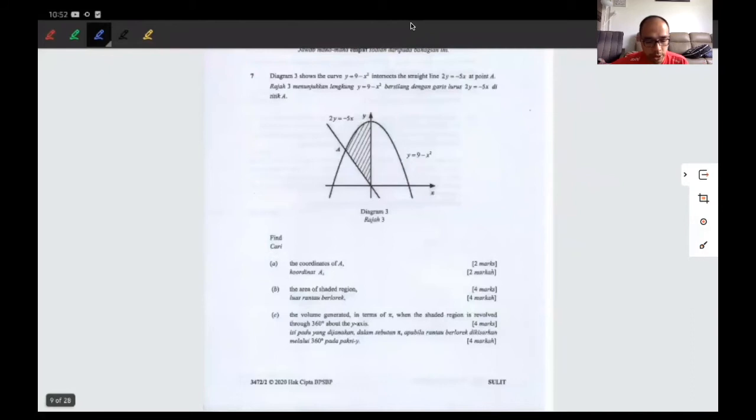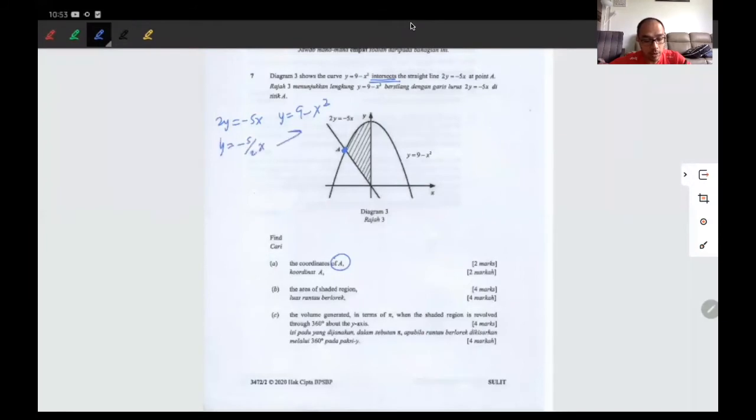Okay, diagram 3 shows the curve y equals 9 minus x squared intersects the line. Whenever you see the word intersect, you know it's a point of intersection. If you want to find this, which is always the first question, equate the y with the y. So this is 2y equals negative 5x, and this is y equals 9 minus x squared. To find the point of intersection, equate the y. So y equals negative 5 over 2 x.